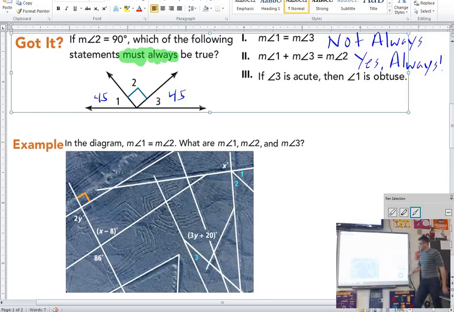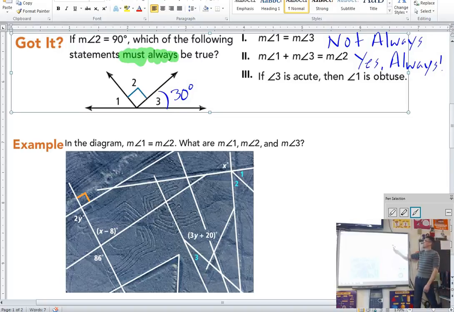If angle 3 is acute, so let's hypothesize this. If angle 3 is acute, give me an acute angle that we could make that. What do you think? 30? 30. So if that was 30, angle 1, they then say, is obtuse. Well, if 3 was 30, what would angle 1 need to be? 30? Because remember, they have to add up to 180 total.